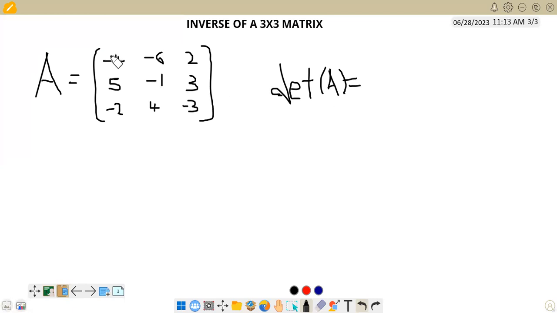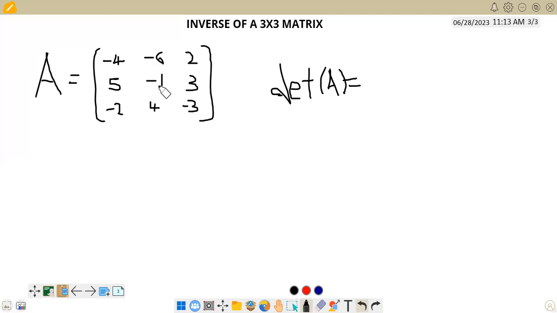So that first of all, tipenati tione kuti 4 row. When we find the 4, we should delete this row and this column. Then we will remain with negative 1, 3, 4, negative 3.